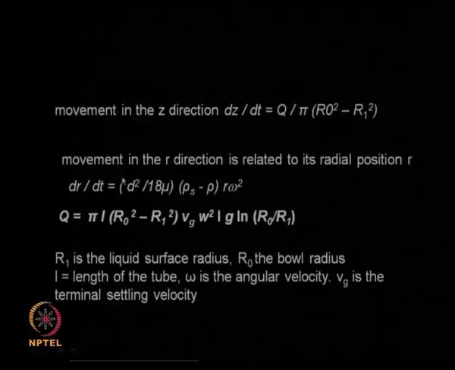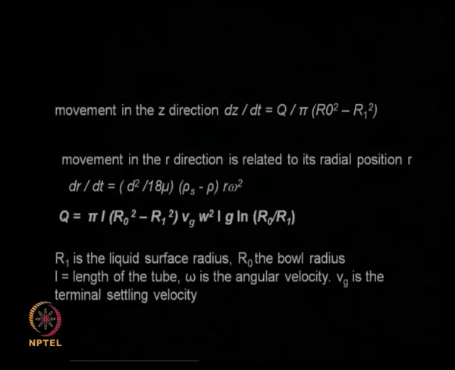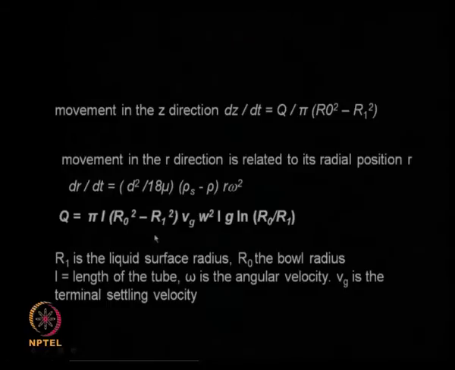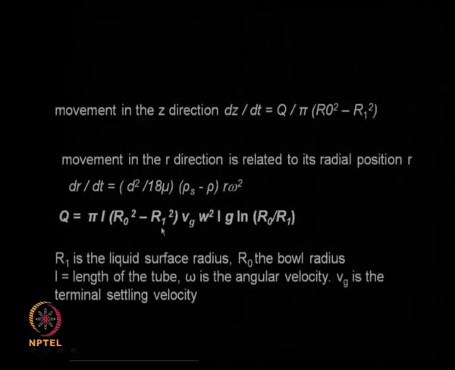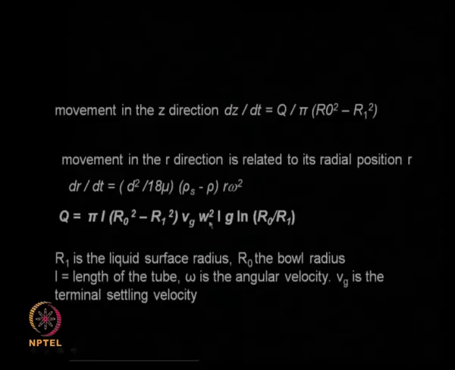So we can combine all these relationships to arrive at a final equation for Q, that is the throughput through the tubular bowl centrifuge, as a function of R naught, which is the bowl radius, R1, the liquid surface radius, L, the length of the tube, omega, the angular velocity, and V, the terminal settling velocity.